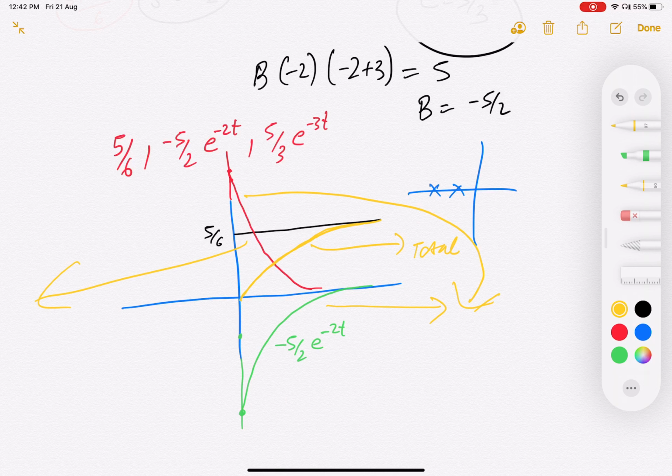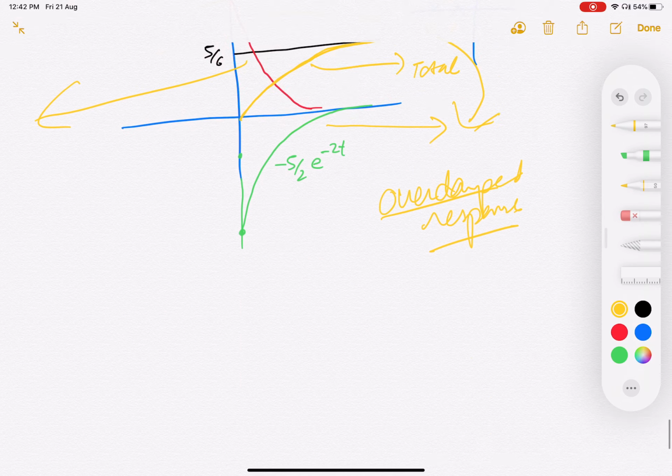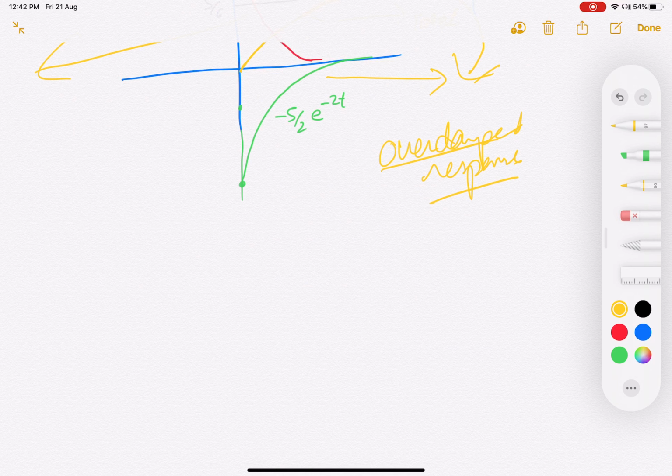Now you can see this response slowly reaches the steady state value, and this kind of response is called an overdamped response. It is the sum of two exponential terms. There is no oscillation.